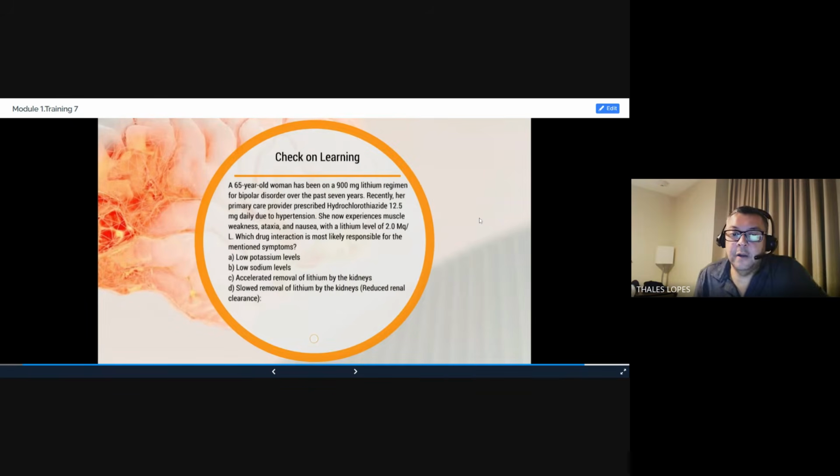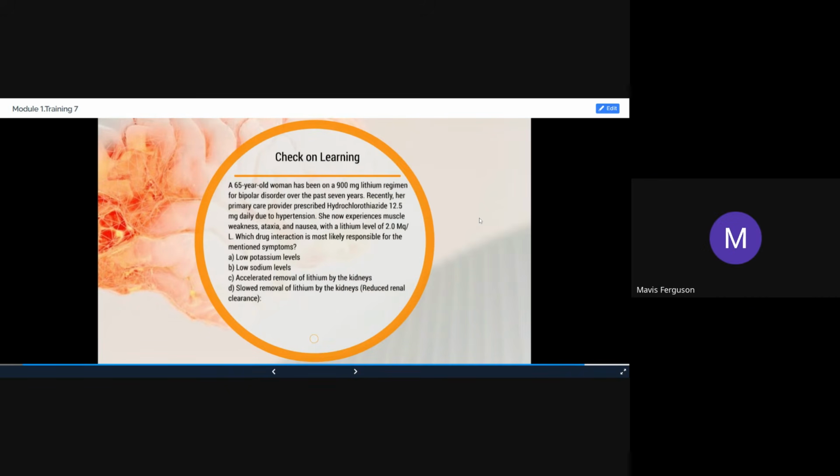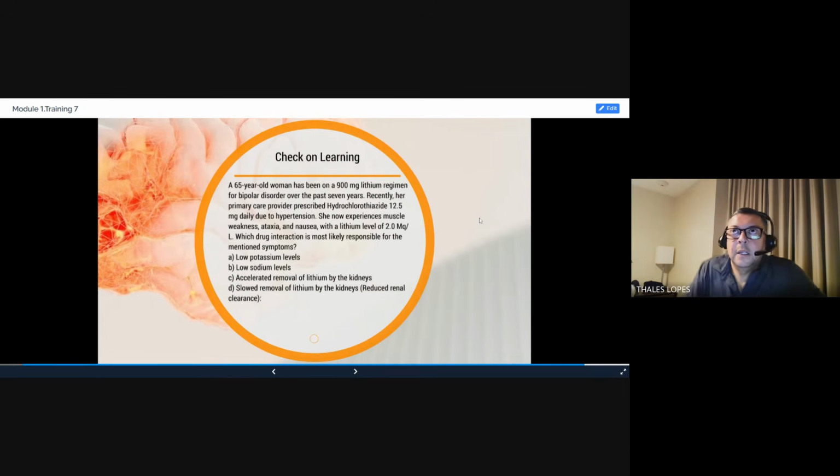I'm going to say I don't know. Ask yourself, what is the core of the question? What is the question asking you in general, in simple format? She now experiences muscle weakness, ataxia, nausea, with a lithium level of 2.0.